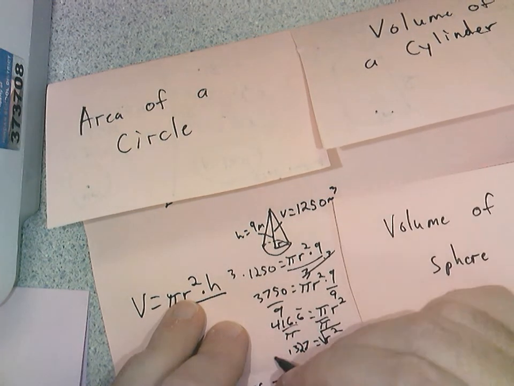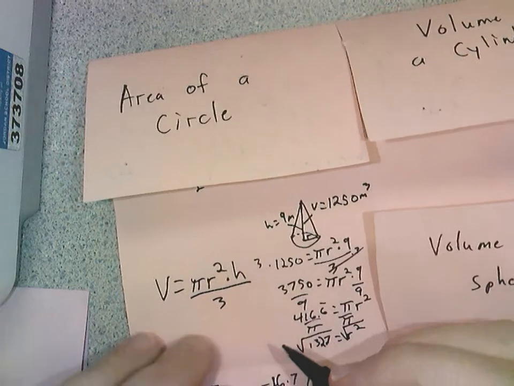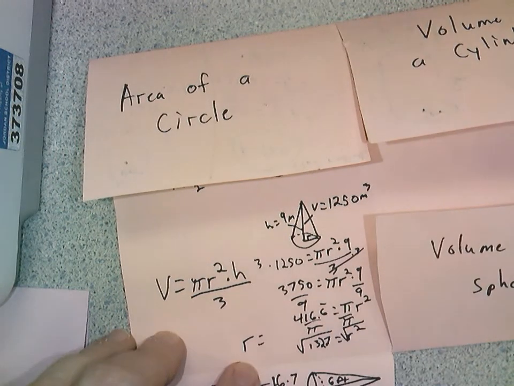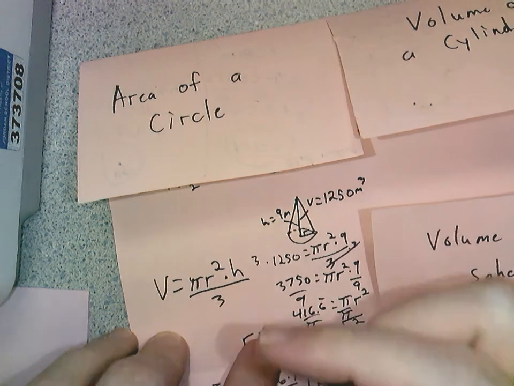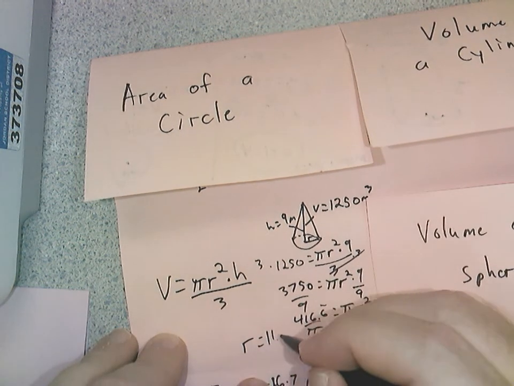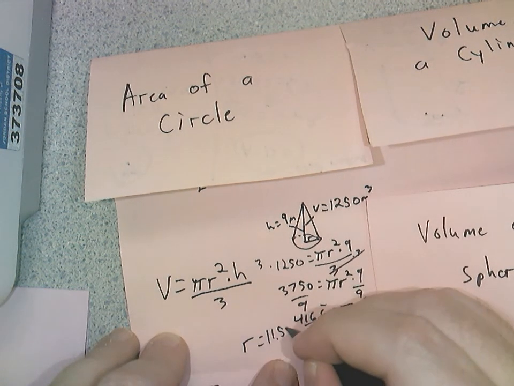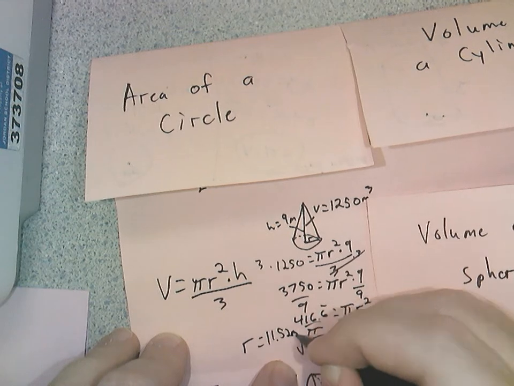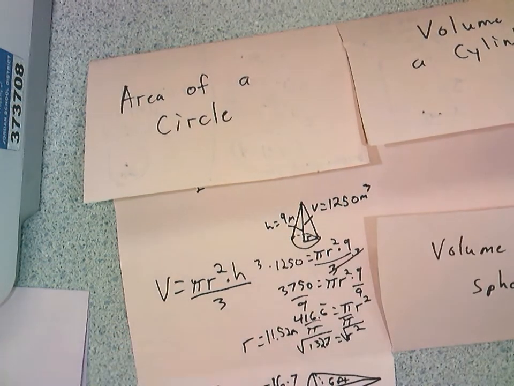And then the last thing we're going to do is square root. And the radius is going to equal 11.52 meters. And that is the cones.